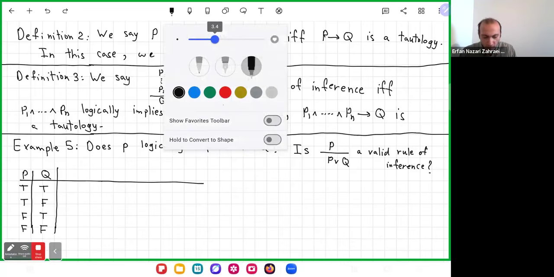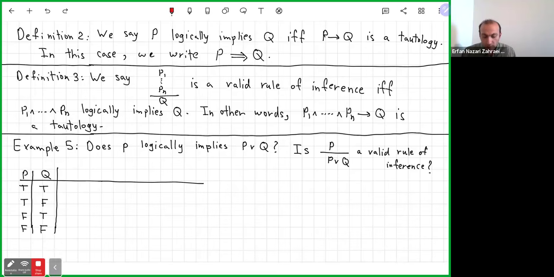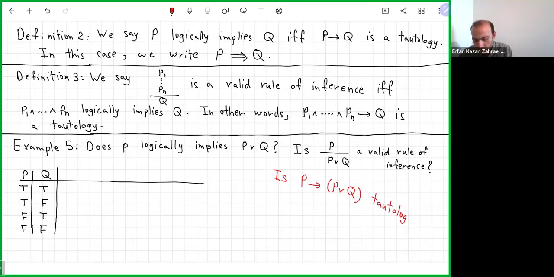So both of these are saying the same thing. What are they saying? Is P implies P or Q a tautology or not? So let me do a truth table and see.